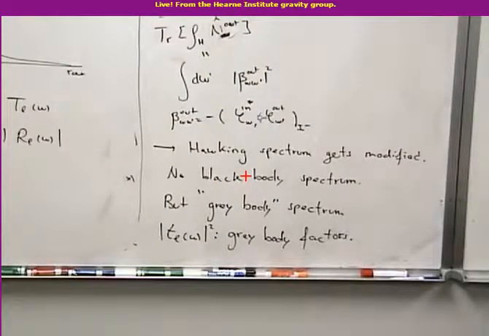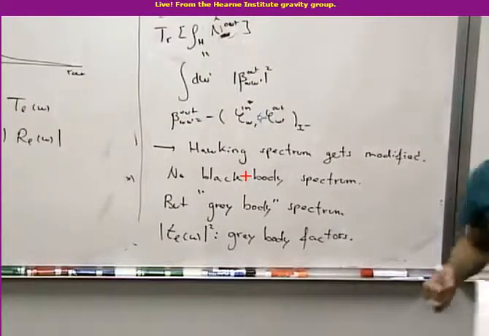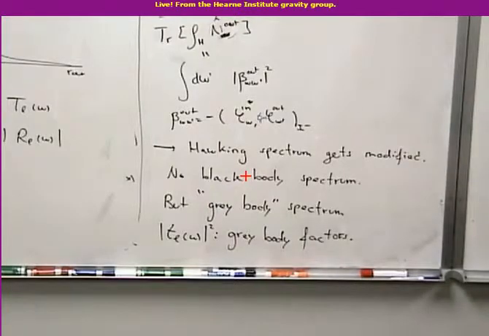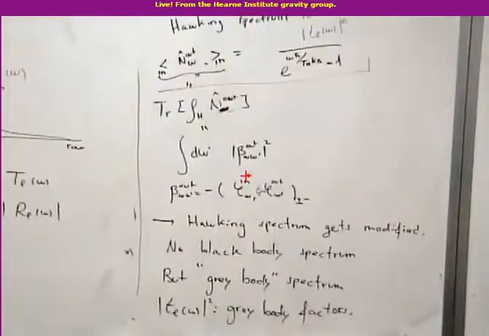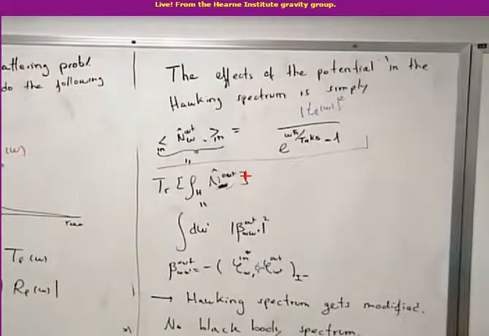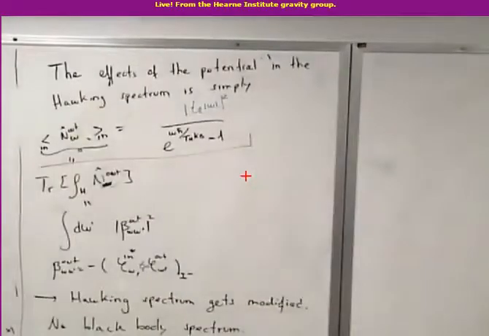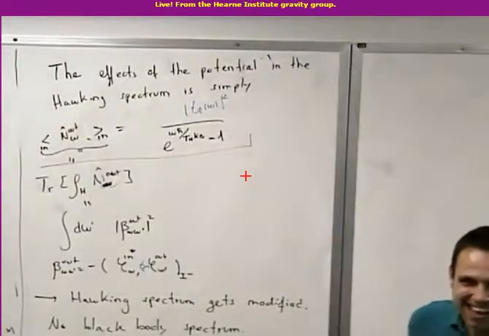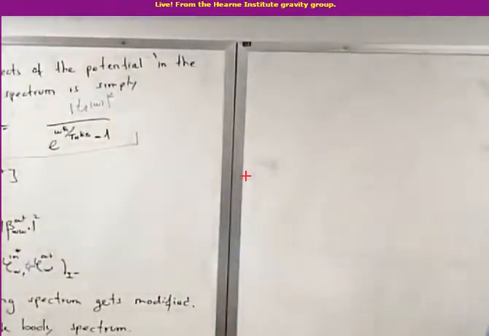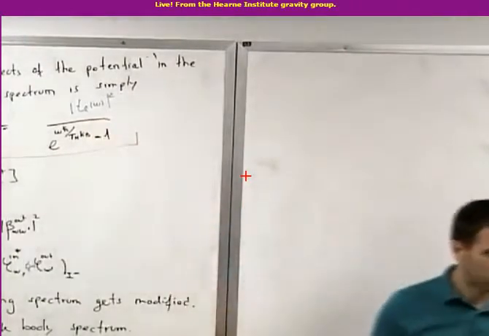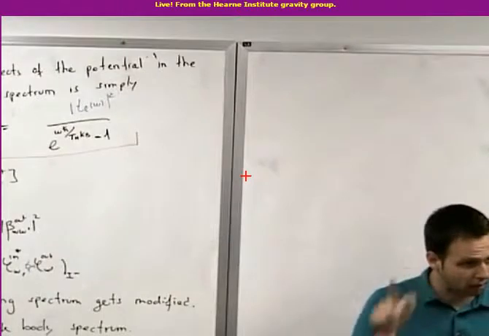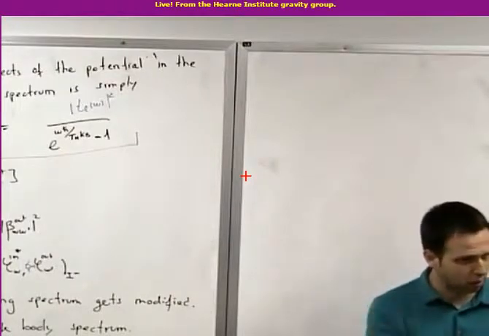Are the T_l expected to change slowly with omega or rapidly? In principle, quite slowly, and they don't destroy that. Otherwise, we cannot call it gray. We could call it multicolor. It's called gray because you don't modify that much the thermal spectrum. It's just some modification, and it's just a function of omega and L. Of course, L, because the potential depends on L, since the potential has a centrifugal part.